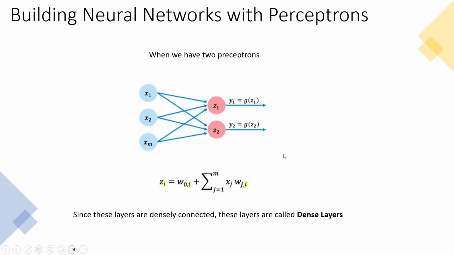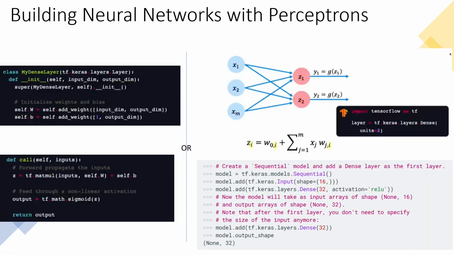This is another definition or concept you should remember about neural networks. In TensorFlow, we will see how we can create layers. I will be skipping this slide because we will have two examples on TensorFlow.